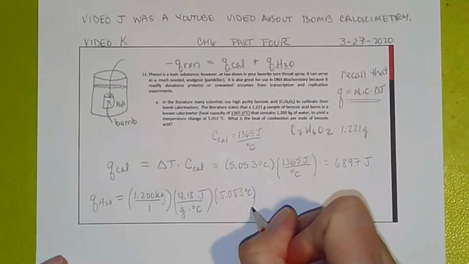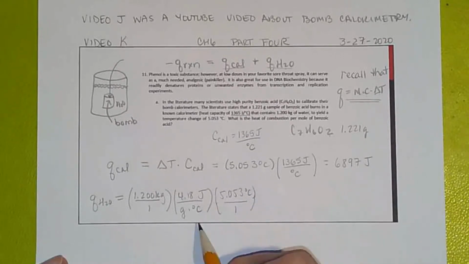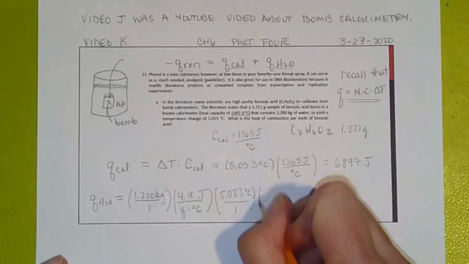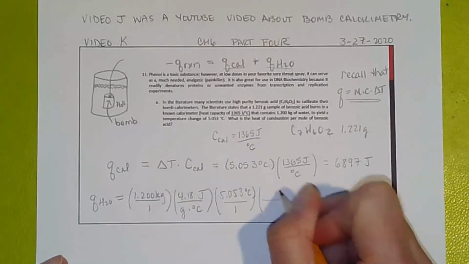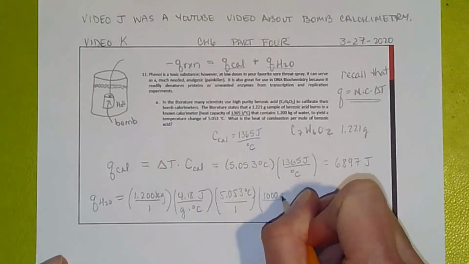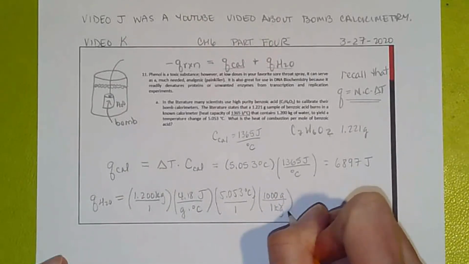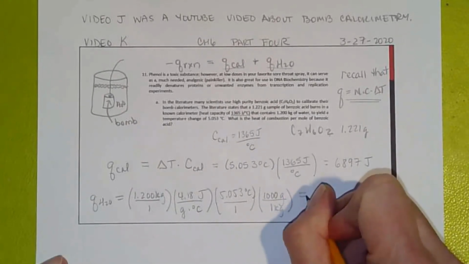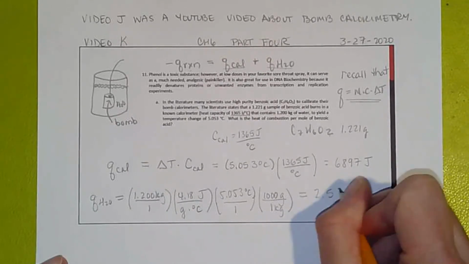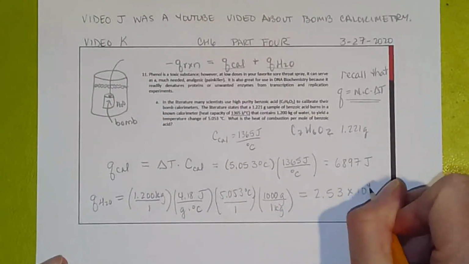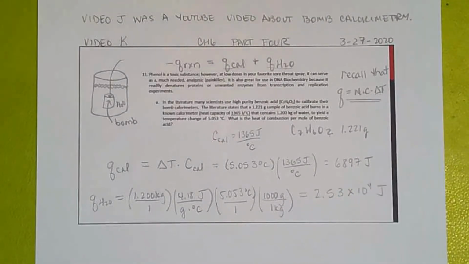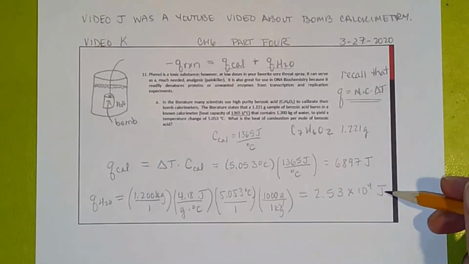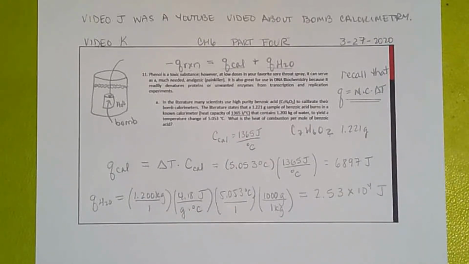Well, I'm just going to put a 1 here on the bottom. You might notice that we have kilograms and grams, so we need to multiply by 1,000 grams over 1 kilogram. Okay, and then that gives us 2.53 times 10 to the 4th joules. So you can see the lion's share of the heat is going into the water, and a small amount of the heat is going into the calorimeter.